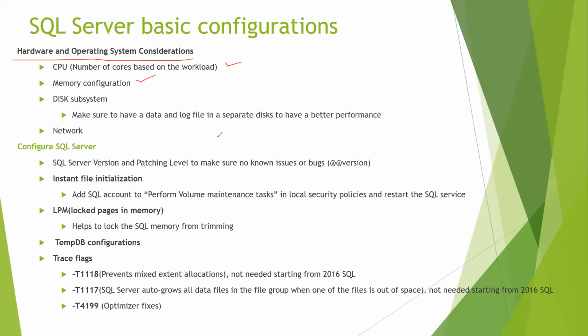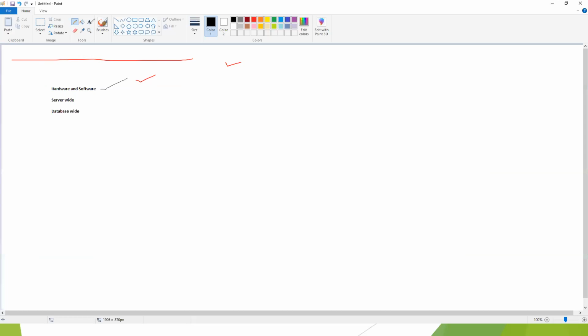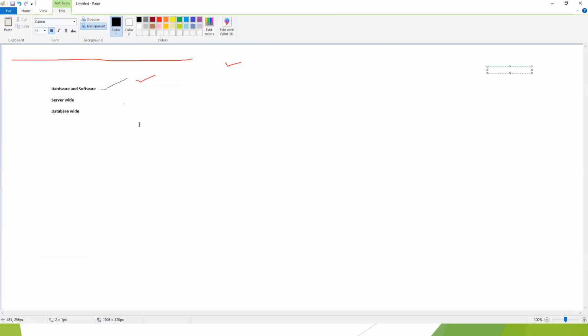For example, let's say you have 10 databases, and you have only 4 CPUs, and around 500 GB or 1 TB of databases altogether. Let's say 10 databases with 1 TB altogether, and you have only 3 or 4 CPUs.